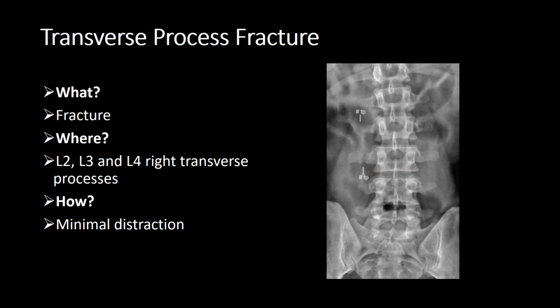Let's have a look at our pedicles. We can see all our pedicles, and there's no diastasis of the interpedicular distance. So we're happy there's not a posterior column injury.